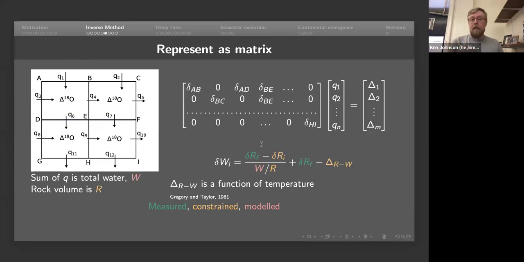I think we can do that fairly confidently. And the big delta in this term is the average temperature of that water-rock interaction, which we can constrain or measure directly. So we're inverting this data to get the total amount of fluid that went through these systems, which we can then link to this equation from Gregory and Taylor in 1981 to estimate the oxygen isotope composition of the initial fluid before it flowed through these bodies of rock. And I'll show some data from natural samples as well, which will help clarify the approach here.